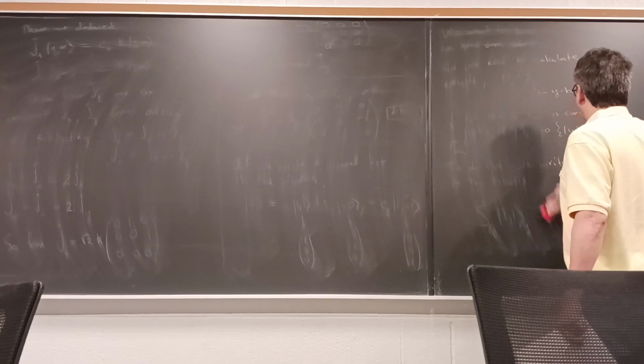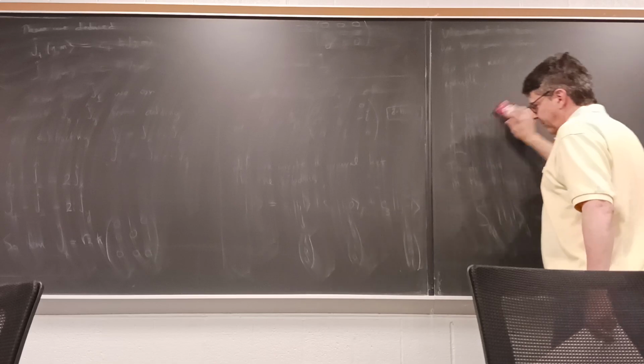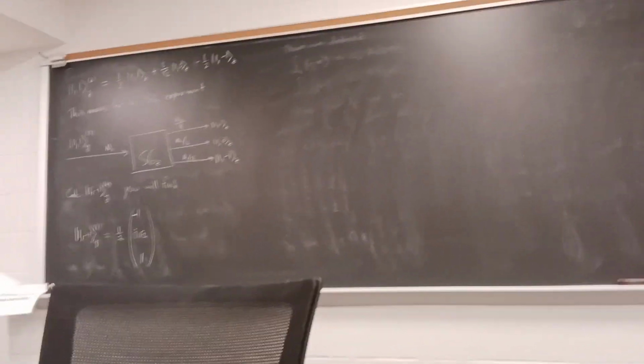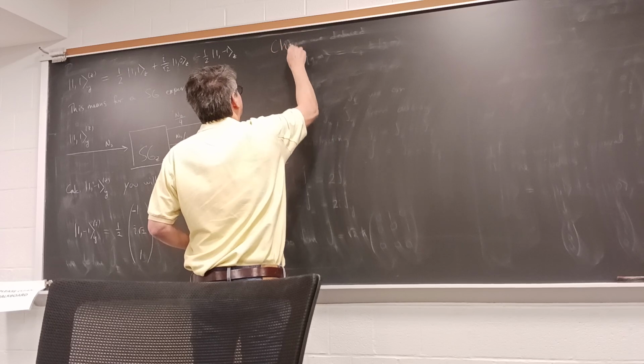But now we need to really solve problems that are of interest. You need to do the dynamics, so we need to understand time evolution of these state kets. So that's the start of chapter 4.